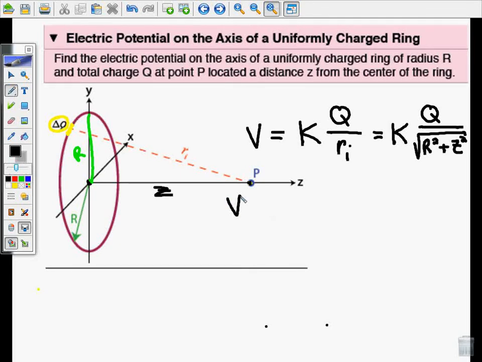So V at that point P is equal to KQ all over the square root of R squared plus B squared.